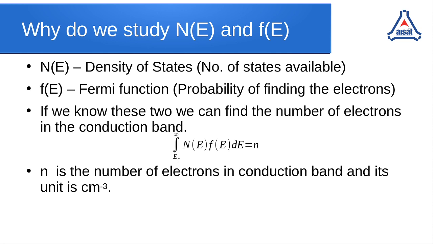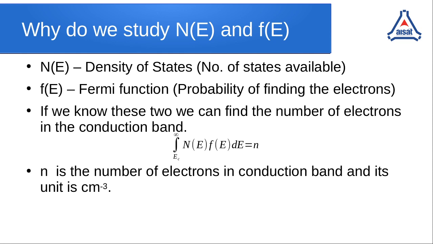where Ne is the number of states available and Fe is the probability of finding electrons in these states. I hope you know the basics of integration. Integration is actually the summation. So for every energy state, what is the probability of finding electrons?